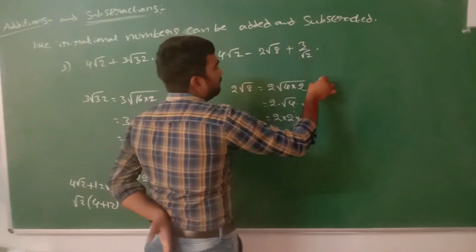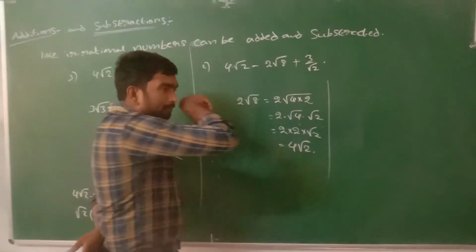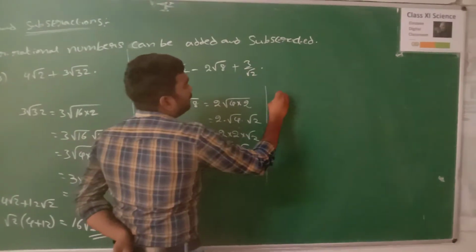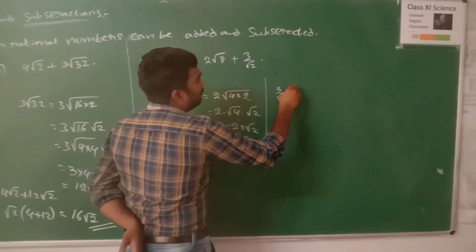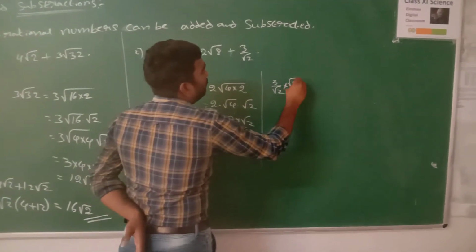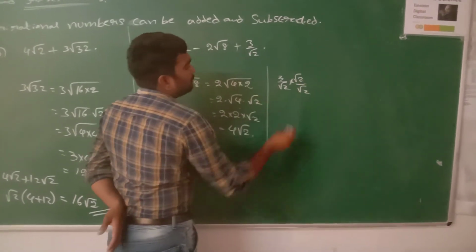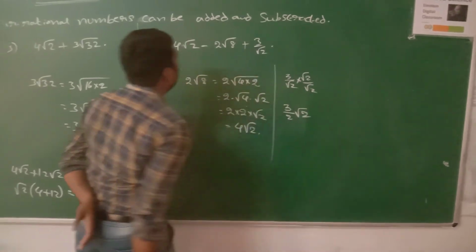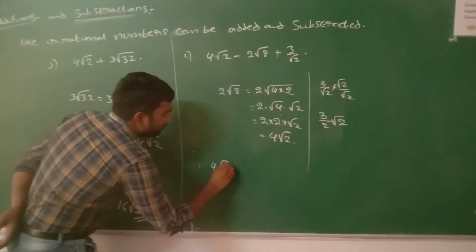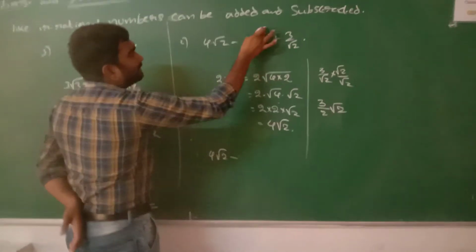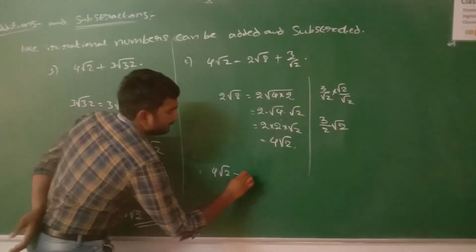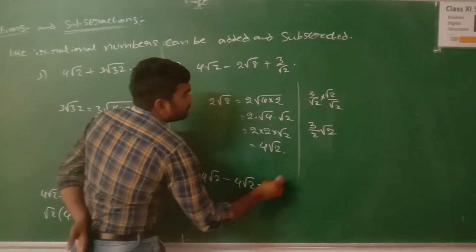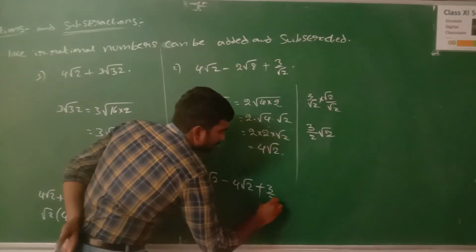And again, 3 by root 2. The common is not there, so multiplying by root 2 by root 2. So that is 3 by 2 root 2. So 4 root 2 minus 4 root 2 plus 3 by 2 root 2.